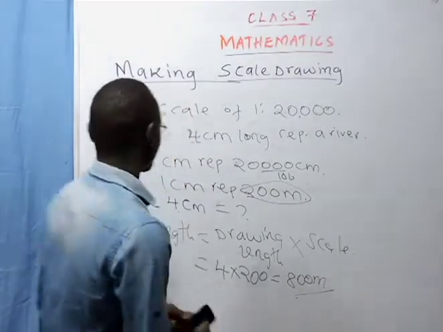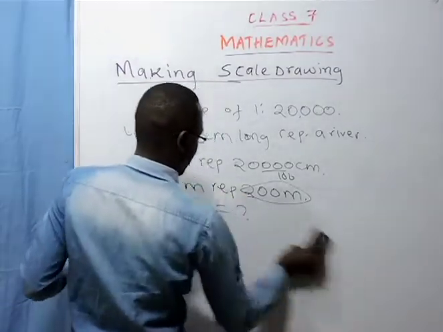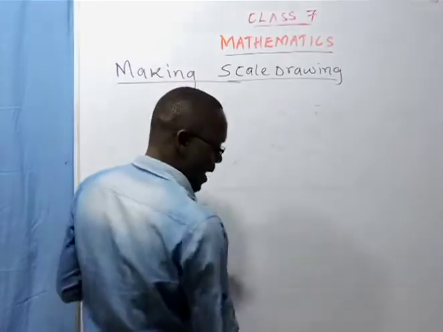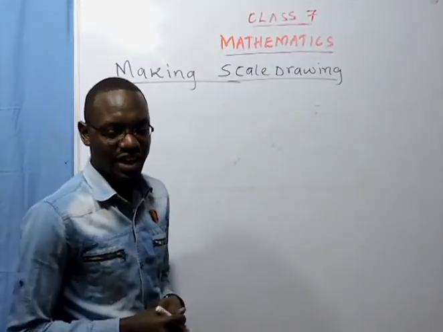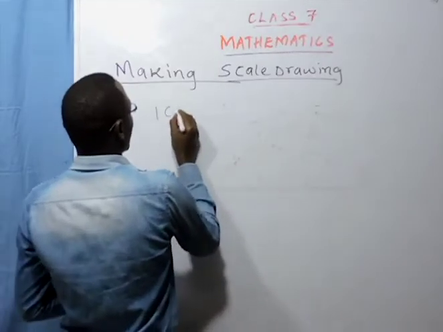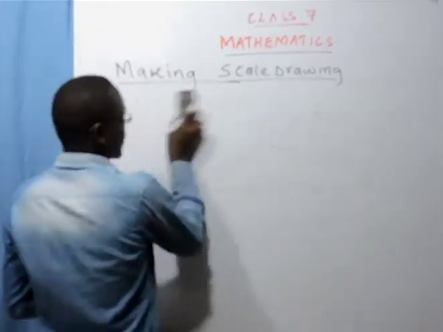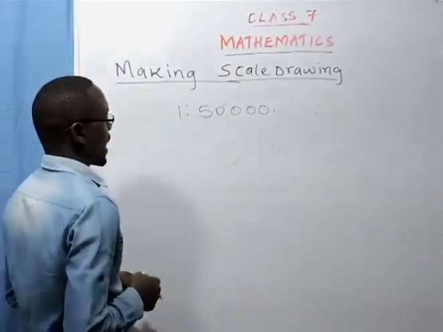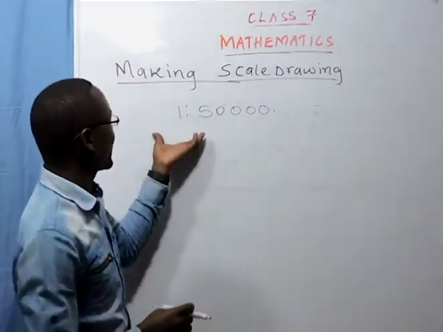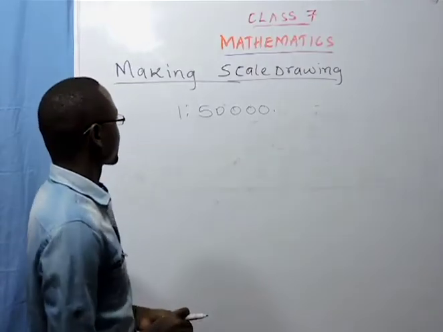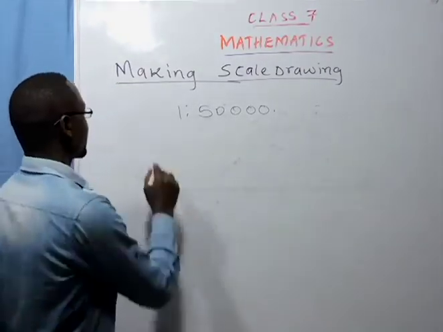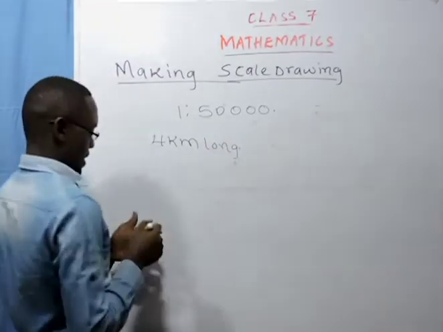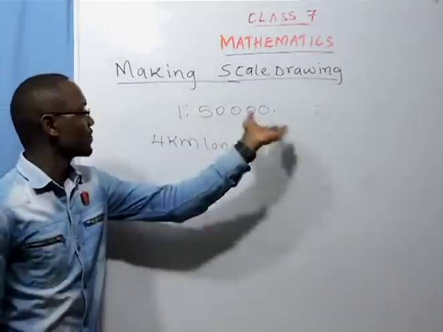Another example. A map is drawn to a scale of 1 is to 50,000.